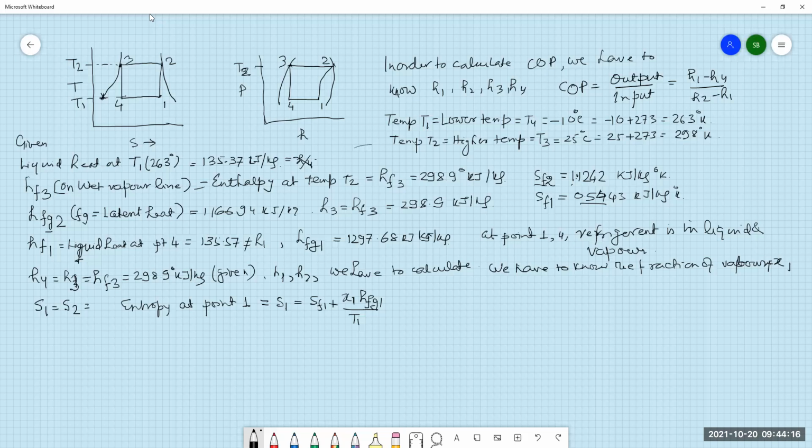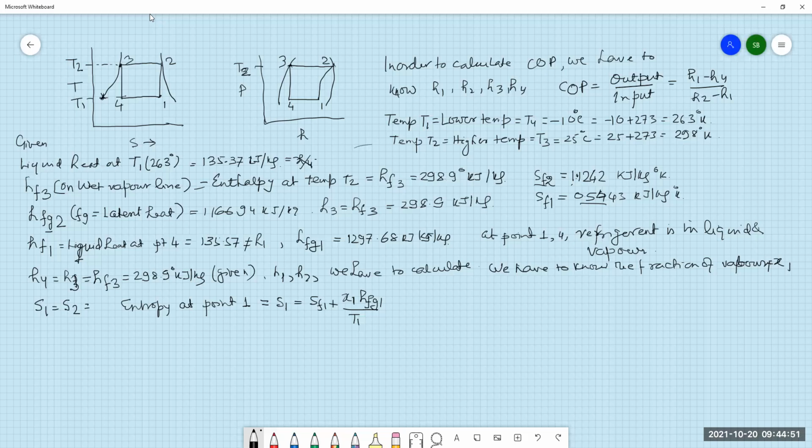As SF2 is given as 1.1242, plus HFG2, which is given as 1166.94, divided by the temperature T2, calculated here as 298, this is equal to 5.04.